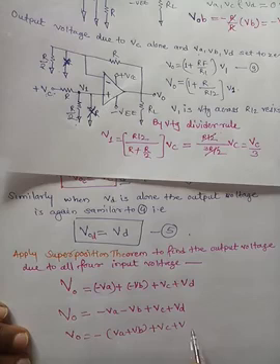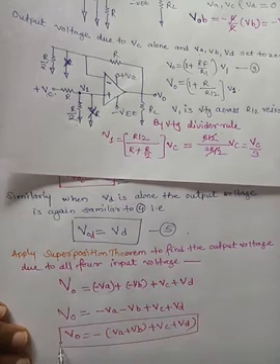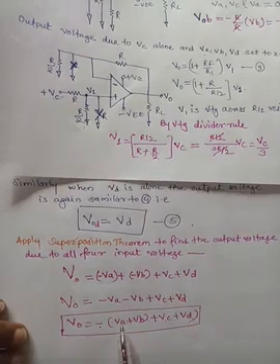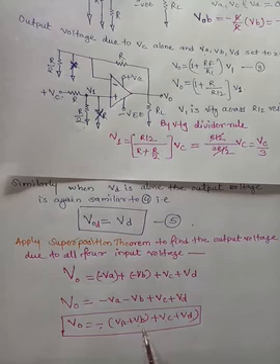So the output is the sum of the input voltages at the non-inverting terminal, VC and VD, plus the negative sum of the input voltages at the inverting input terminal. So this circuit is also called a summing amplifier.